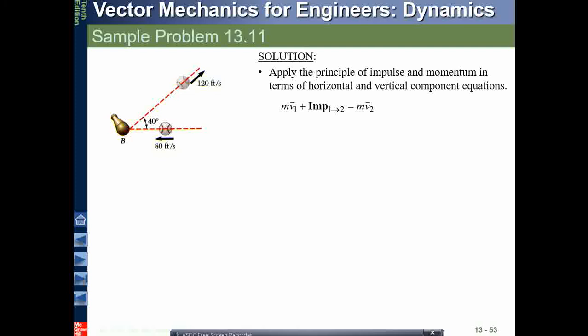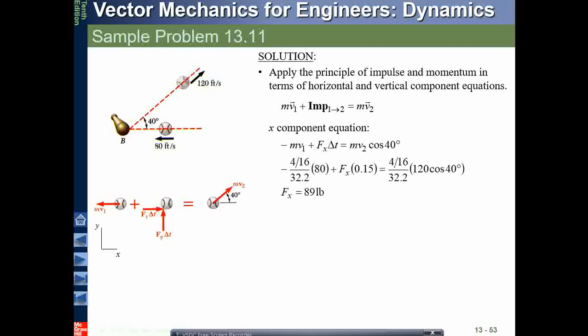So this was our problem. We have applied the impulse momentum equation, and now we will have a free body diagram. This is our xy system. mv1 is the momentum with which the ball is coming, plus the impulse force, which has two components, Fx delta t and Fy delta t.